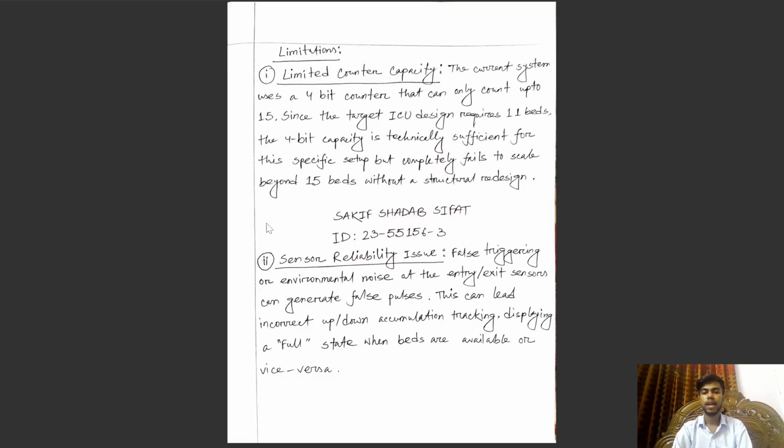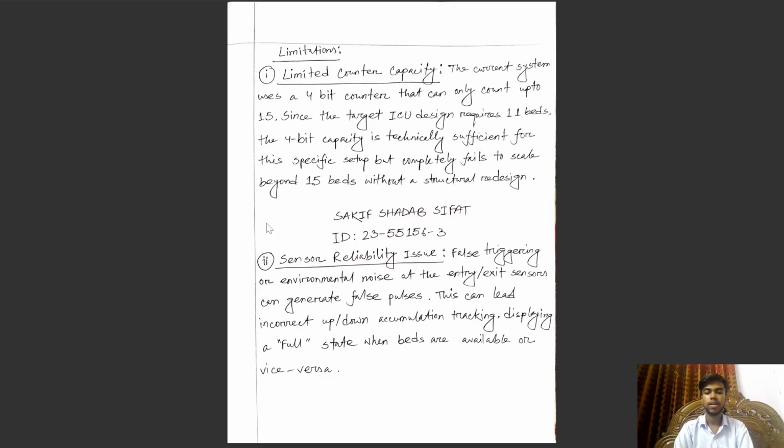Since the targeted ICU design requires 11 bits, the 4-bit capacity is technically sufficient for this specific setup, but it completely fails to scale beyond 15 without a structural redesign. That would be a problem in the future. According to the values we need, which is 11 bits, it is fine, but if we need more than 15, it will be a very big problem.